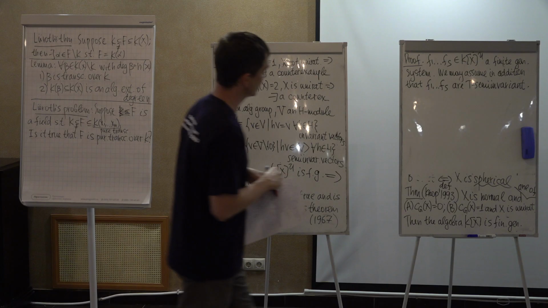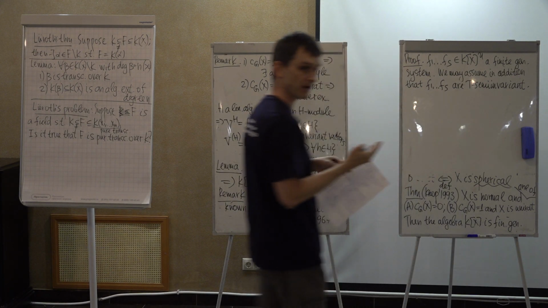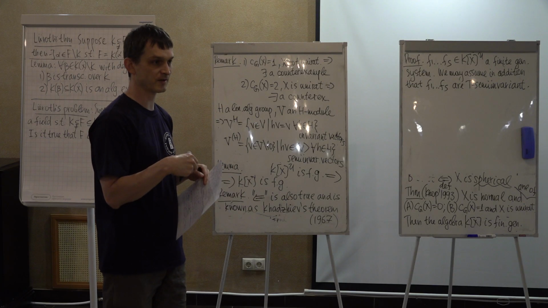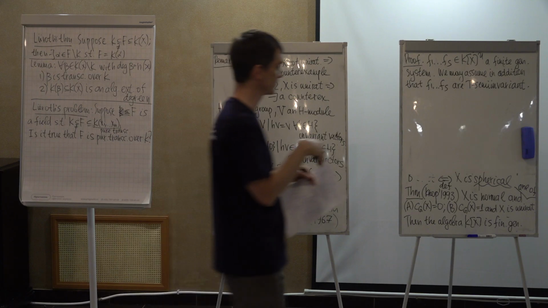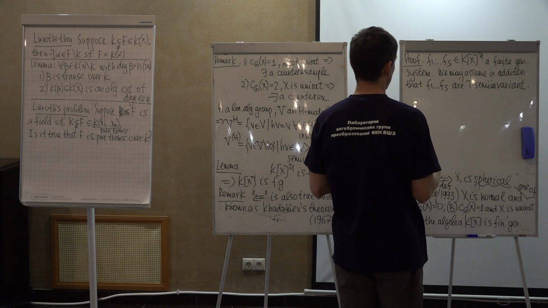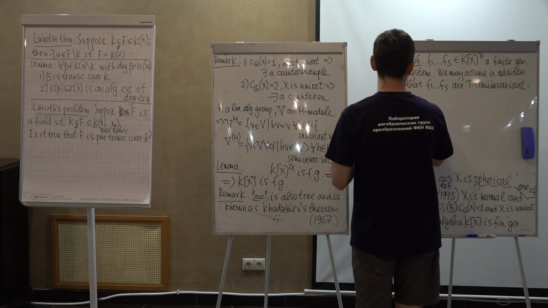Okay, so then they are B semi-invariant, right? And this means that all these functions are highest weight vectors in the G module of regular functions. So they are automatically B semi-invariant.